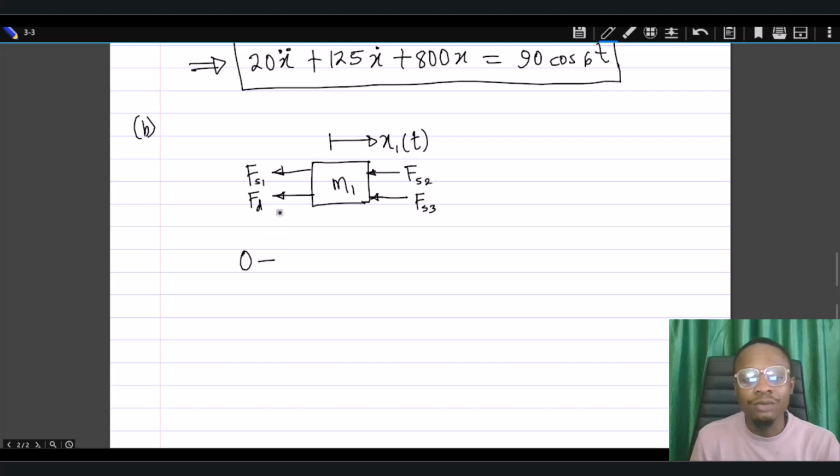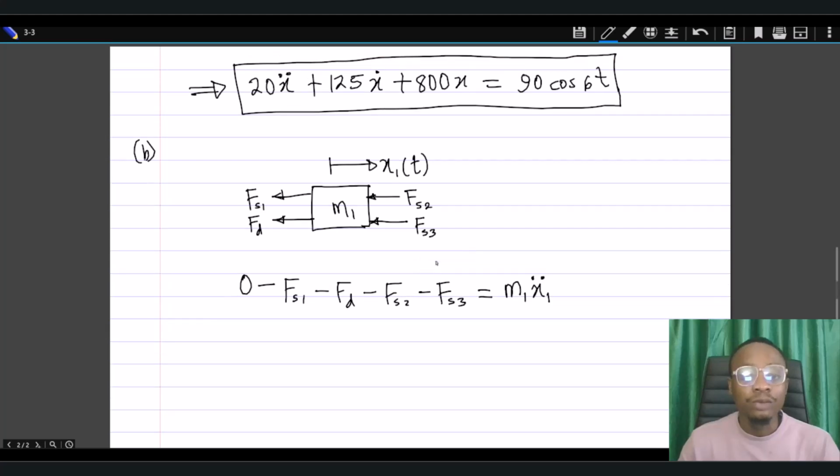Then minus all of these opposite the direction of displacement: minus Fs1 minus Fd minus Fs2 minus Fs3, and all of this will be equal to M1 multiplying its acceleration, x1 double dot. That is mass multiplying acceleration for the body.